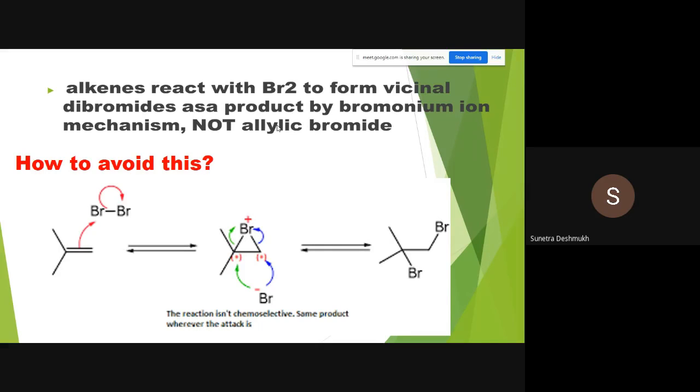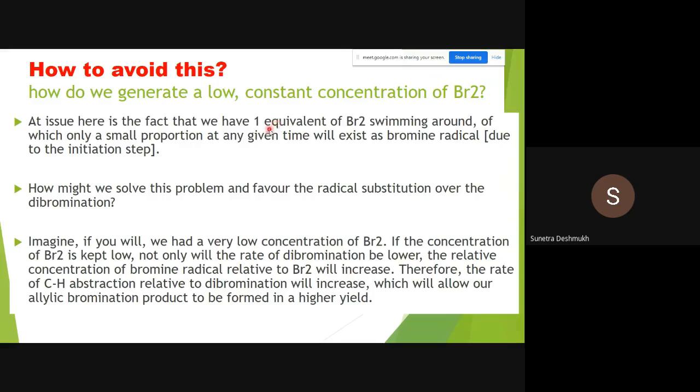So what will be the solution for this problem? How to avoid the dibromo product, how to get the monobromo product, and how to increase the selectivity of the product. I have told you that we always add 1 equivalent of bromine and 1 equivalent of your olefin.